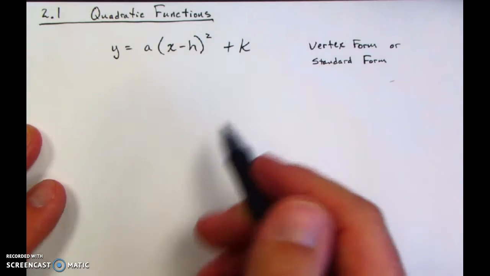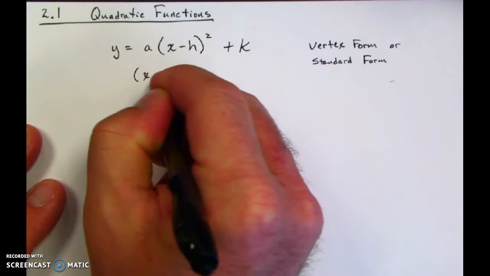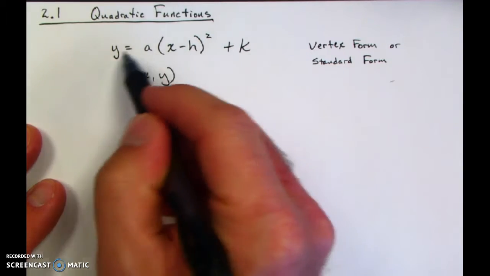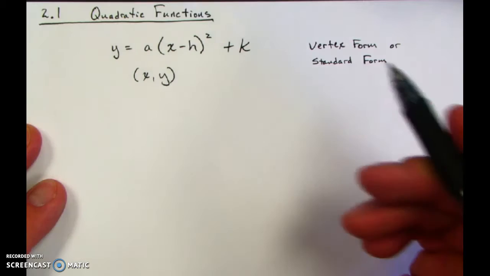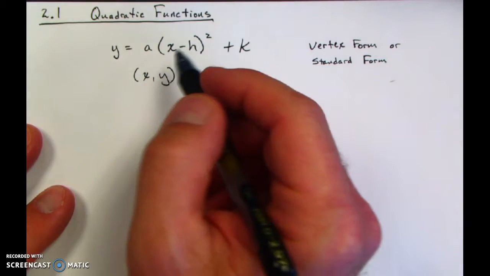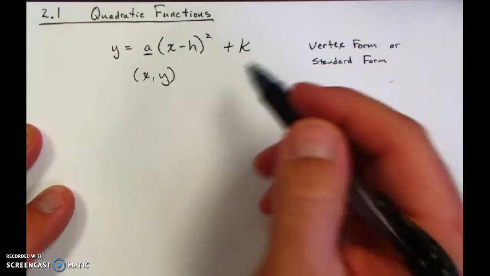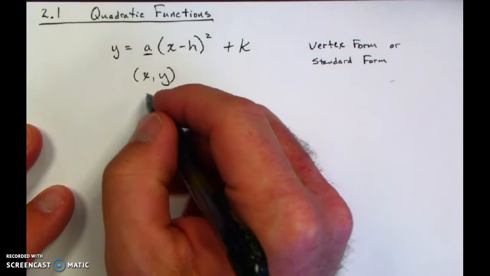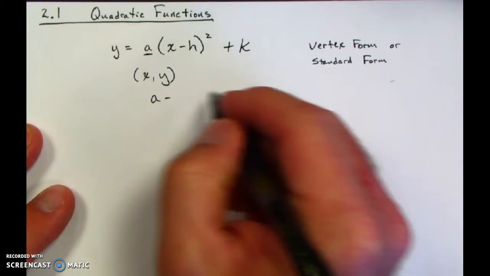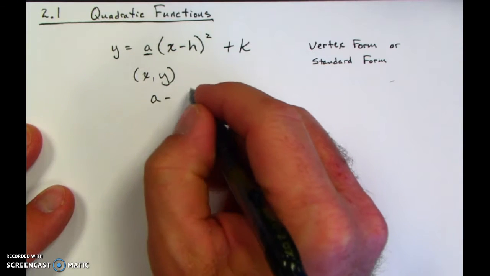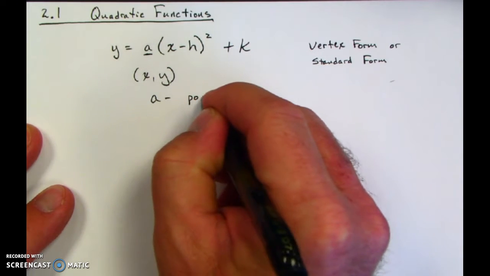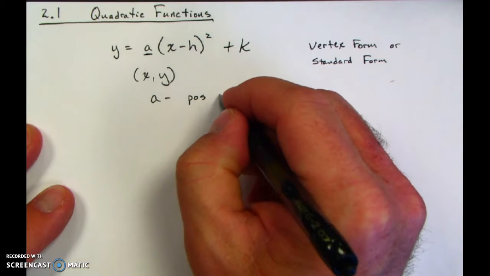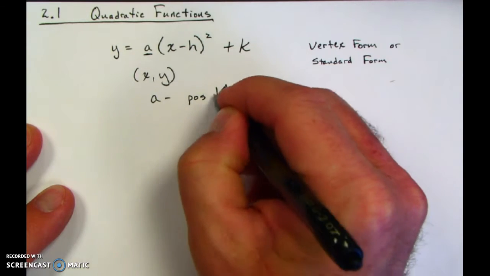Now, in this form, of course, x, y represents all of the different points that are going to be part of this curve. Our a value is going to tell us if this is going to be opening upwards or downwards. Remember that the a, if it is a positive number, then that means that our parabola is opening upwards.